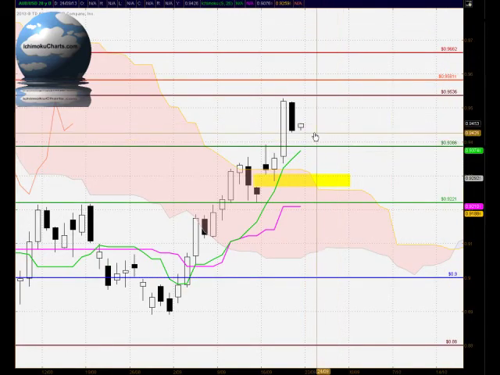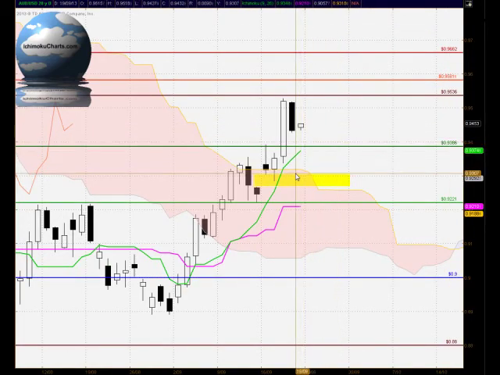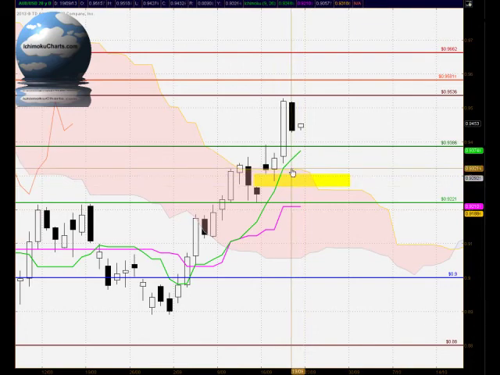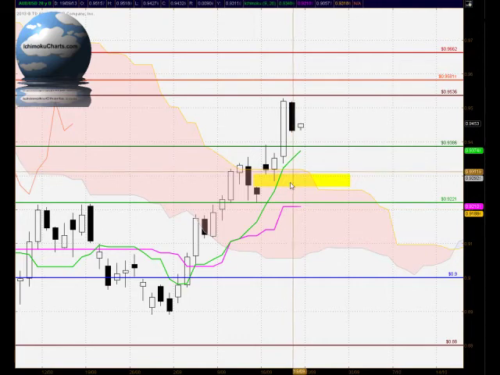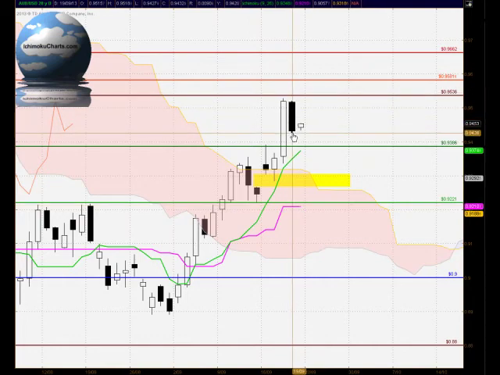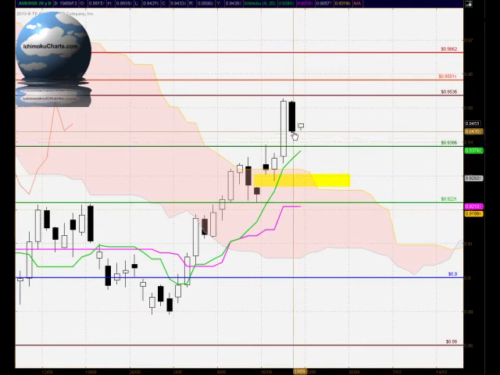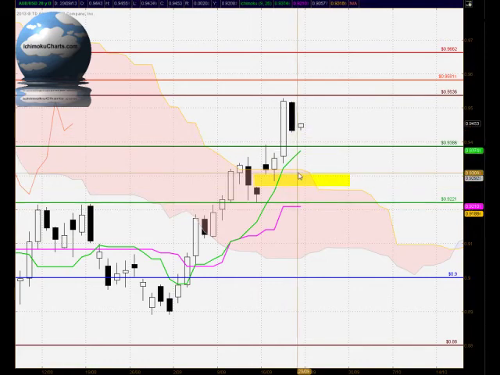In terms of Ichimoku, we have a bullish market in all three time frames here. The market's trading above the cloud, so we have a bullish market in the long-term time frame. We also have a bullish market in the medium-term time frame by trading above the Kijun-sen, and interestingly that Kijun-sen is pointing flat, so there is a real possibility of the market retracing back towards that flat Kijun-sen, and therefore that's confirming the strong possibility of a change of trend to the downside, so let's look for that.